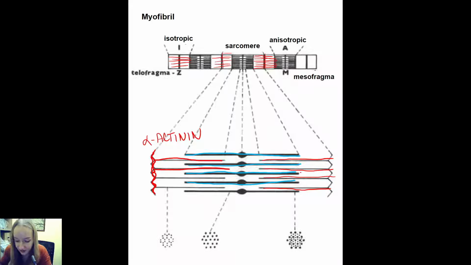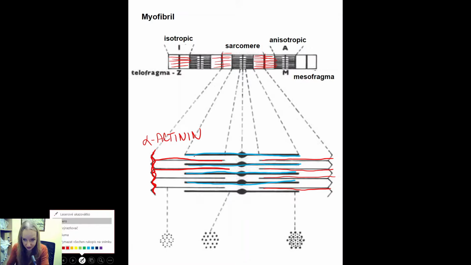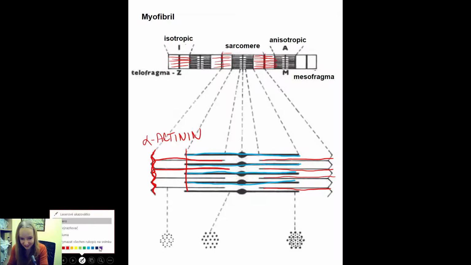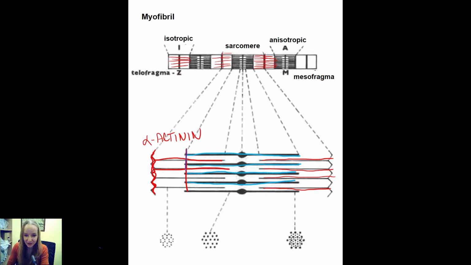And the entire middle area where the myofilaments overlap here, I'm going to take another color for this. So here we can see the thin and thick filament overlap. So that's this structure over here, this band, and this is the A band.